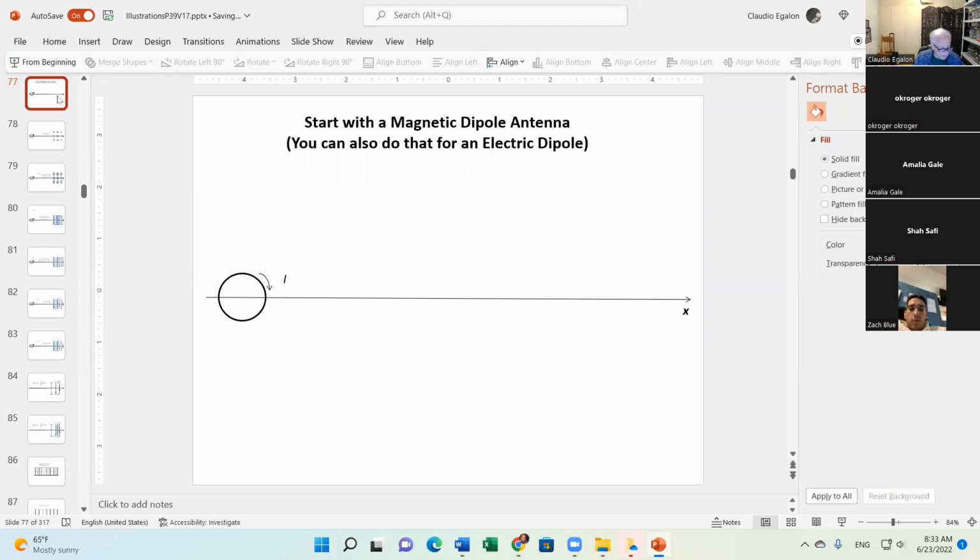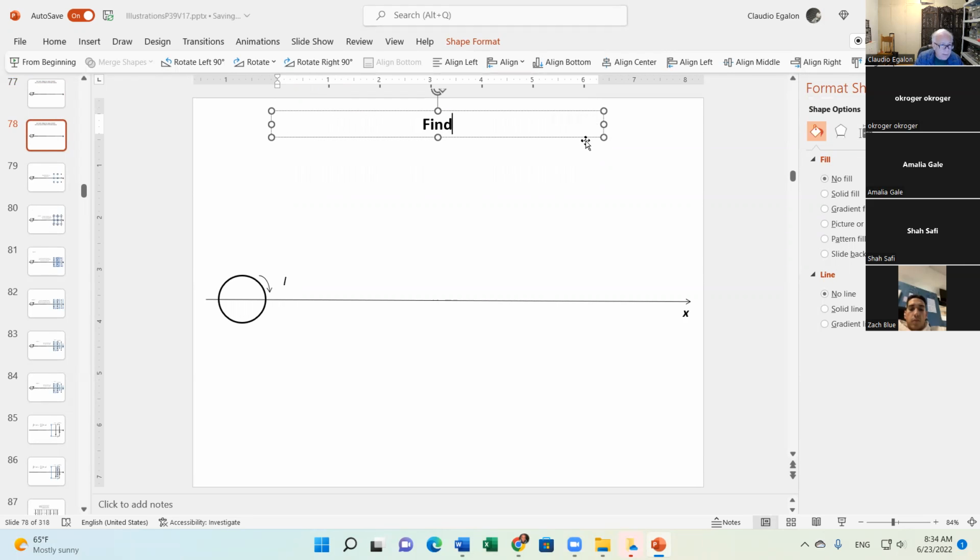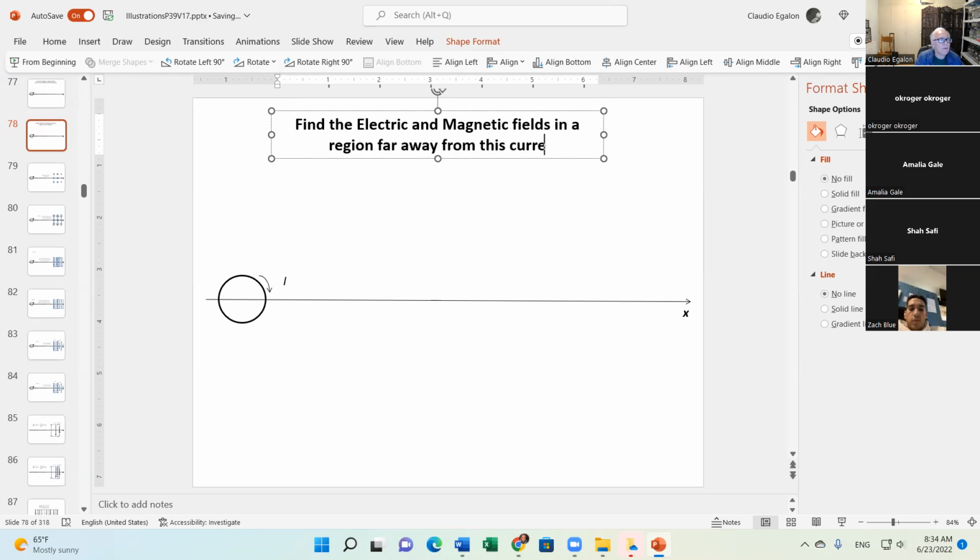Okay, the idea is to find the electric and magnetic fields in the region far away from this current loop.